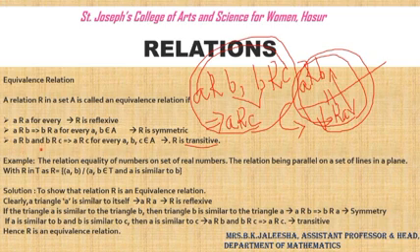A related to B and B related to C combine to give A related to C, where all three elements are from A. This type is called a transitive relation.